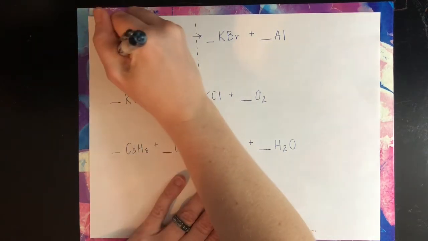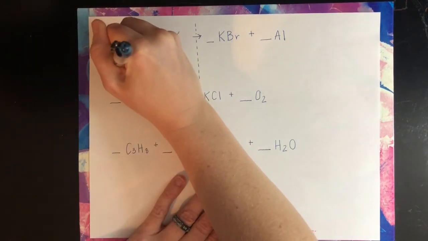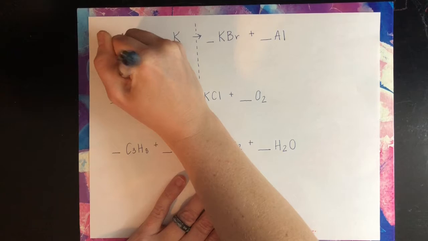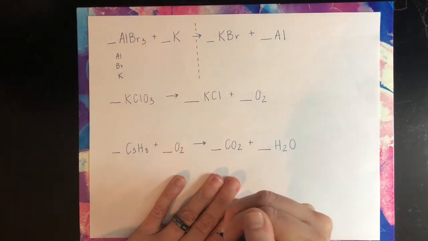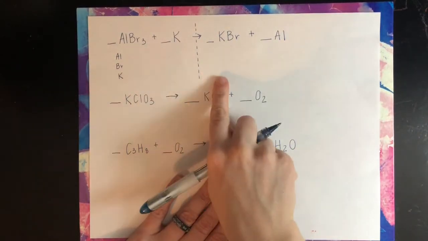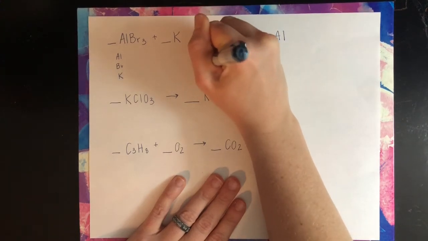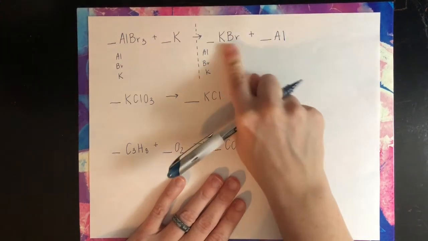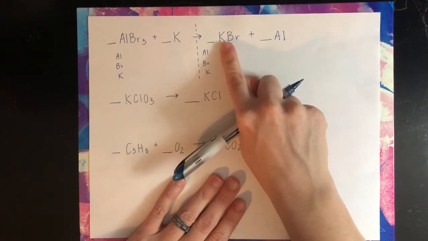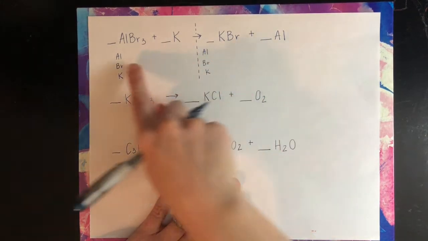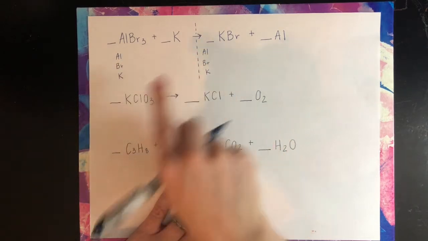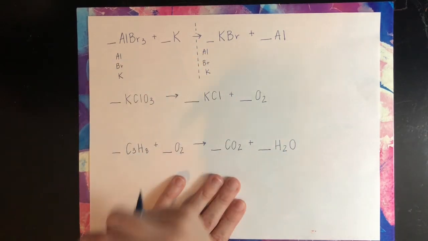So I'm going to go ahead and do my atom inventory. I'll write out the atoms that I have on the reactant side, and then remember that it's helpful to write them in the same order on the other side, even if they don't appear in the same order up here. Like potassium's first over here instead of aluminum, but this way I can just easily look across and see if I have the same number of aluminum atoms.